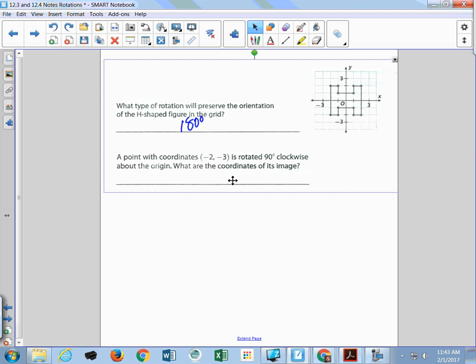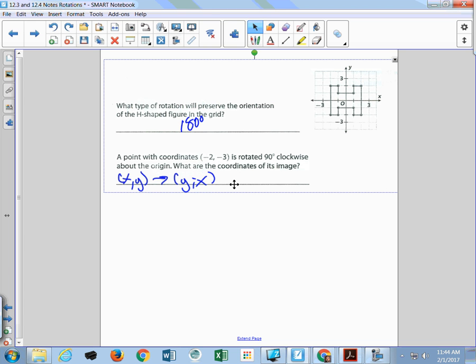All right, so this is where we start getting into the algebraic stuff. The algebraic representation for a 90-degree clockwise rotation is going to look like this. Instead of being x, y, it puts the y in front and the x in back, and changes the x to its opposite.